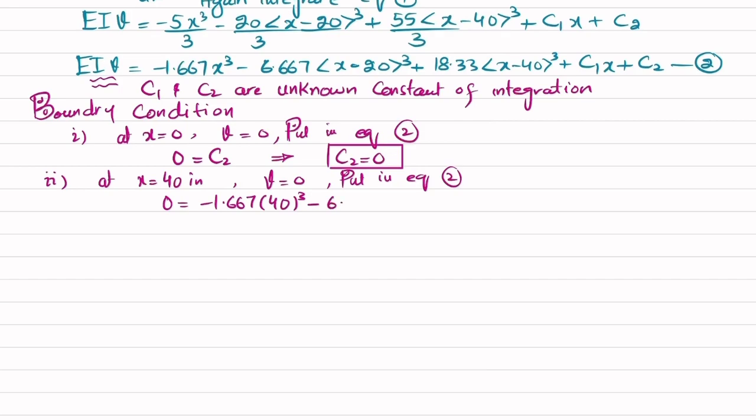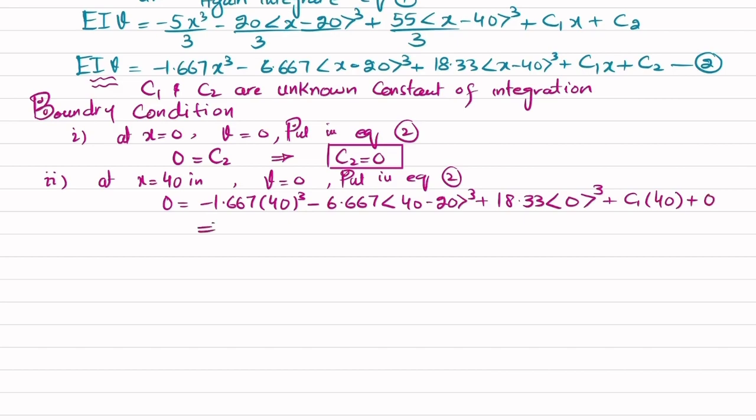Minus 6.667 into 40 minus 20 whole cube plus 18.33 into 40 minus 40, which is 0, whole cube. So this term will be 0 plus C1 into 40 plus C2, which is 0.